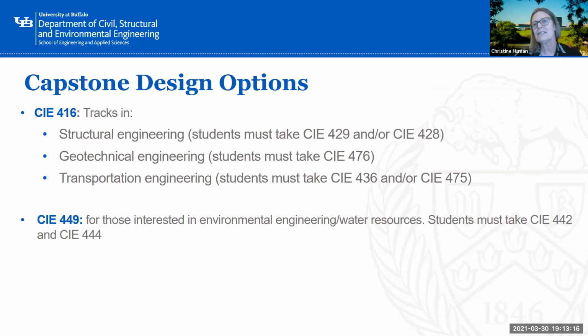So you can't take steel and concrete and then decide, I really didn't like structures, I want to participate in the transportation engineering component of the capstone, because you don't have that required design background in order to really contribute to the project. So it is important when you're choosing your design electives to know that that's going to determine which component of the project you can participate in.